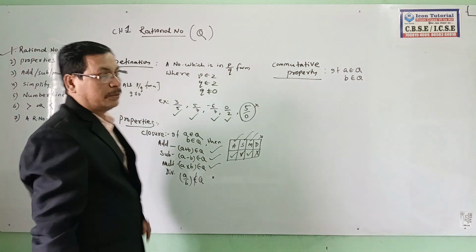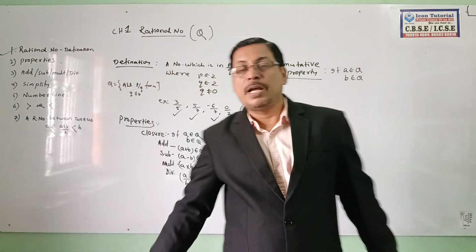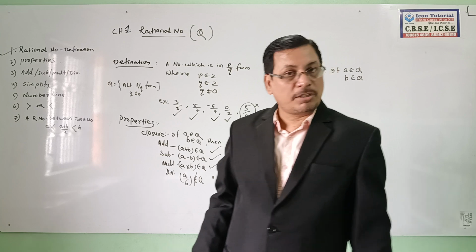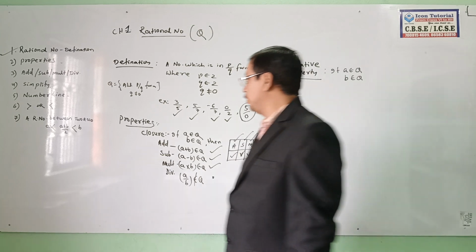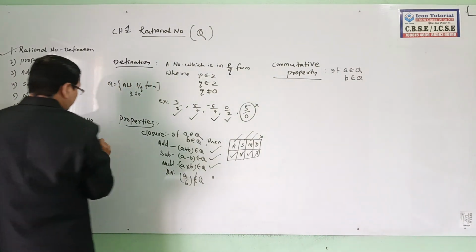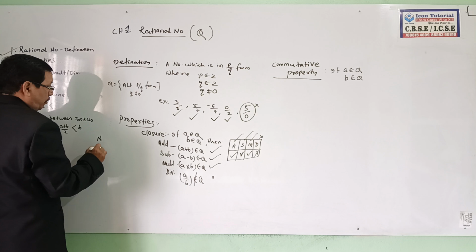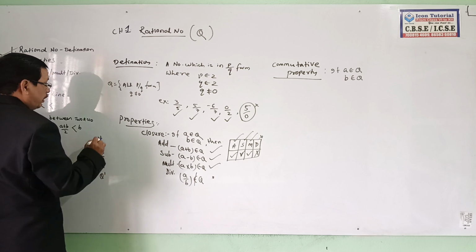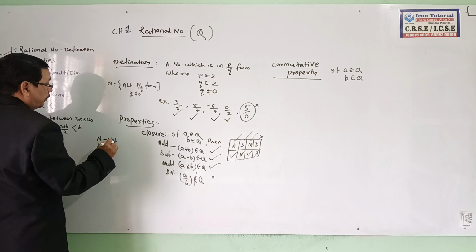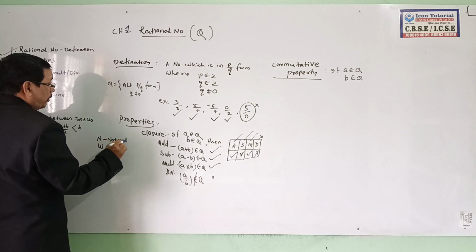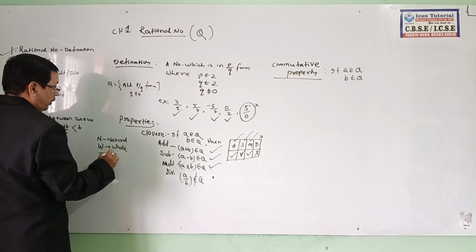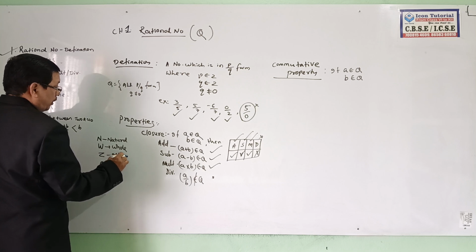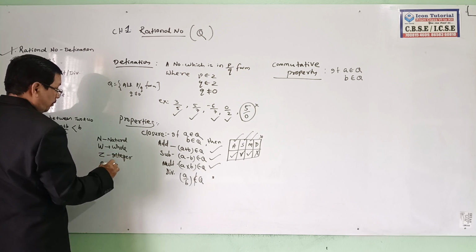Okay, in this form, this is the Q set. A, that is N set, natural numbers; W, whole numbers; Z, integers; Q and Q dash. Remember, N is natural numbers, W is whole numbers, Z is integers, and Q is rational numbers.